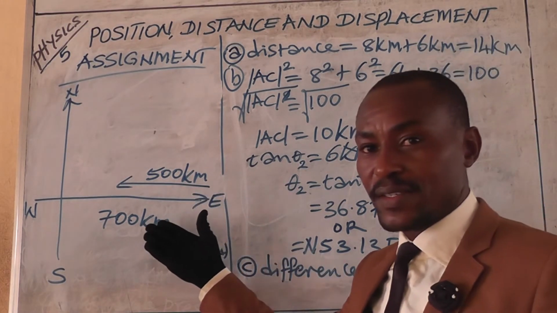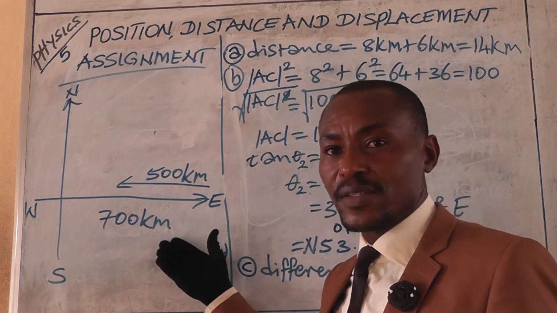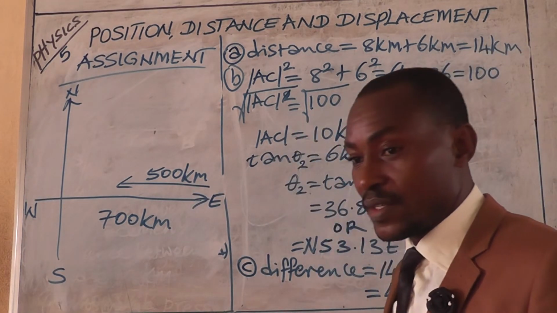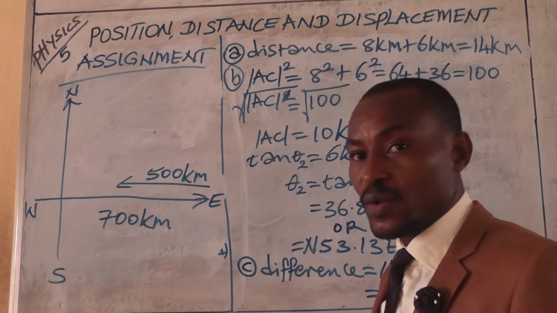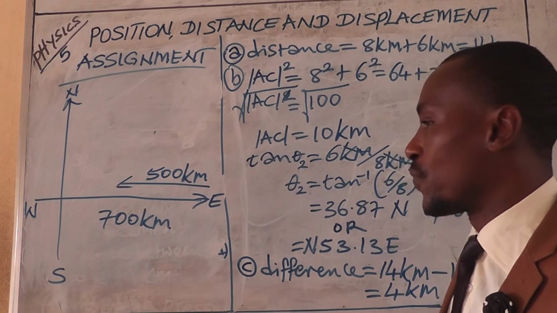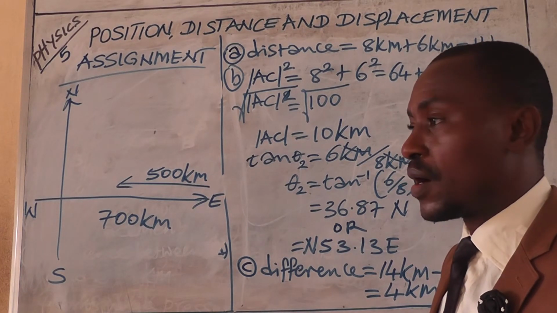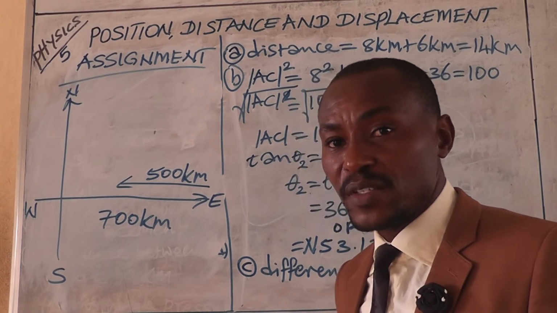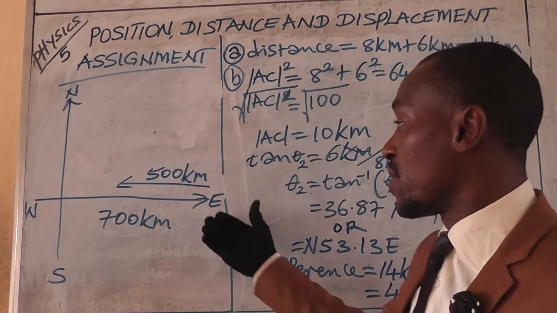What is Mr. Zakari's displacement when he got to the point that he was to pick this thing that fell off? What's the displacement? Now, the displacement is simple.